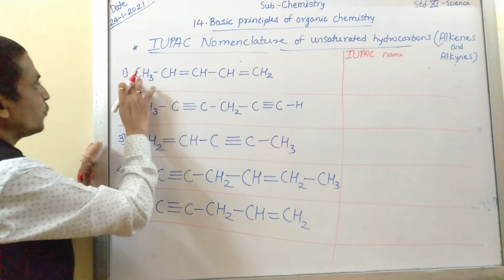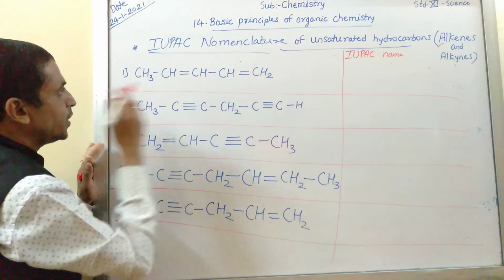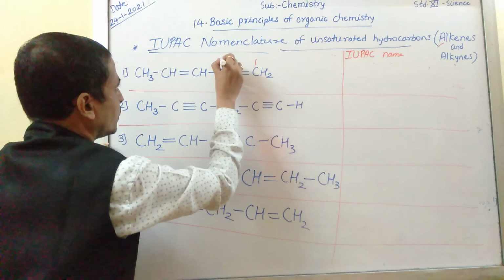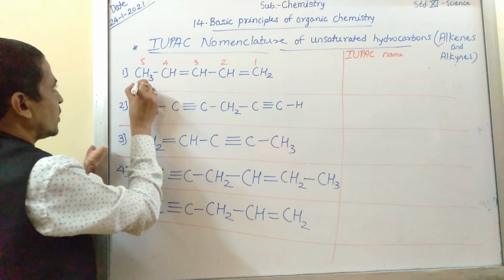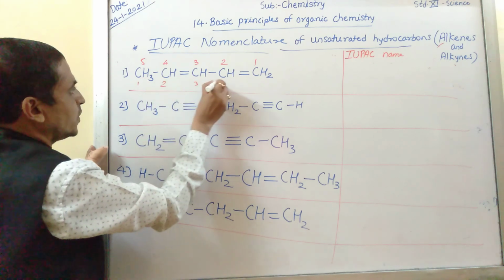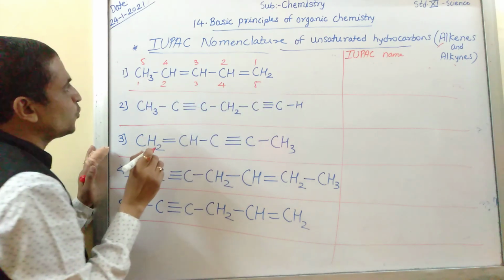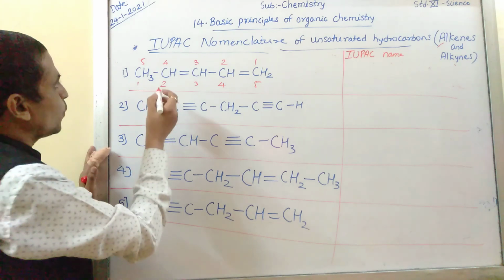See here 1, 2, 3, 4. If I start from here, you get 1, 2, 3, 4 and 5.